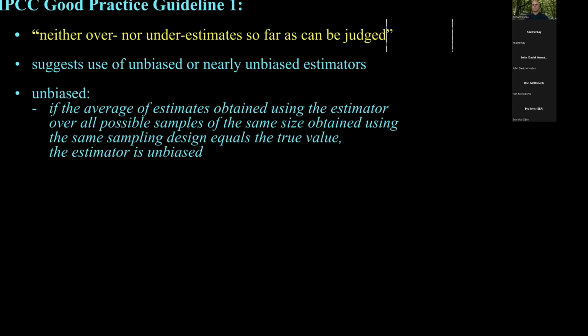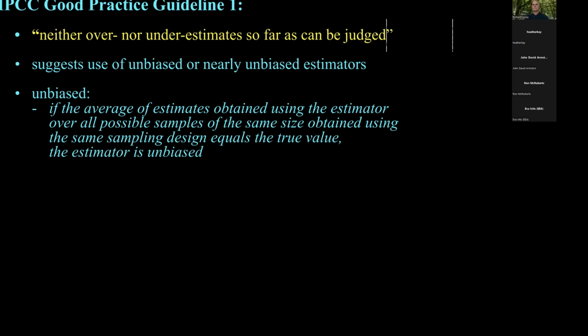The first one, regarding neither over nor under estimates, essentially says we want to use unbiased or at least nearly unbiased estimators. But let's be sure we understand what unbiased means. Unbiased means we're dealing with an estimator of a population parameter, something like mean biomass per unit area.